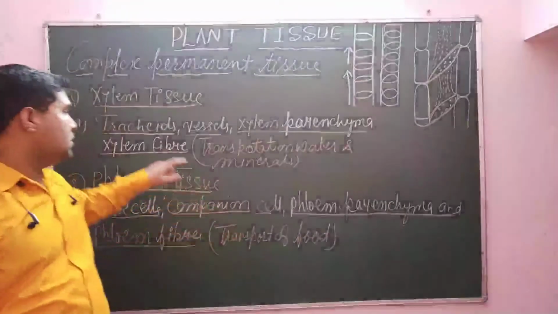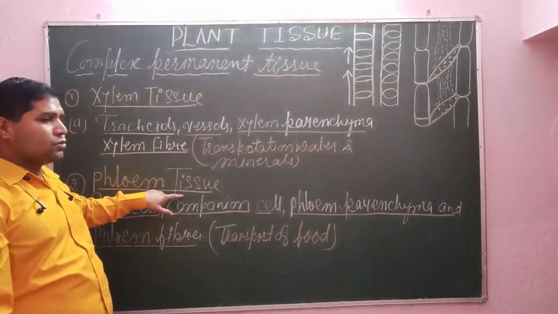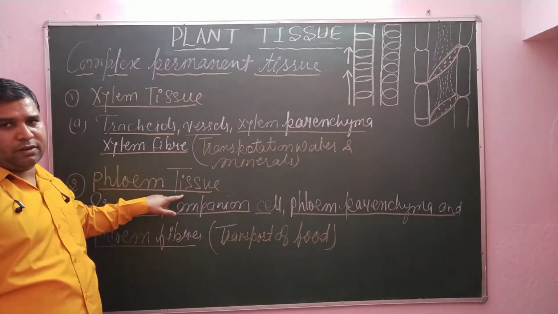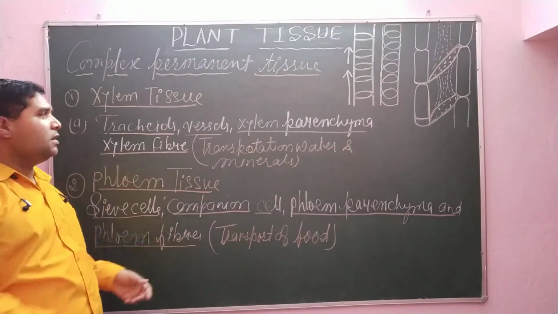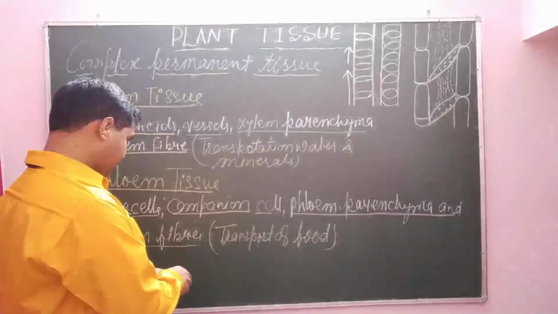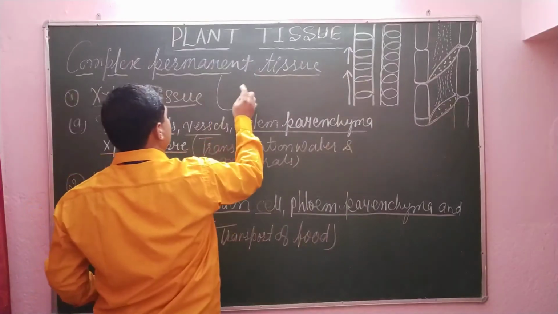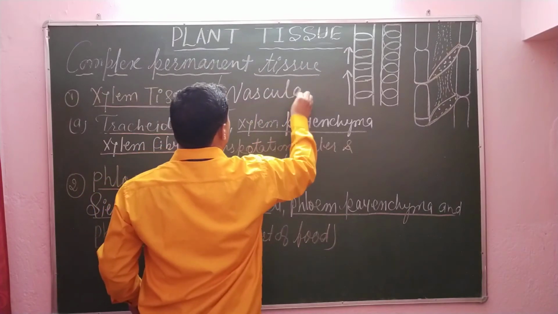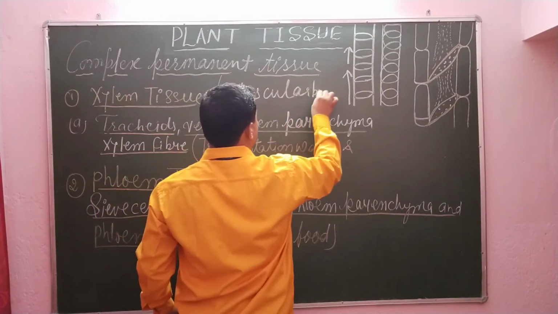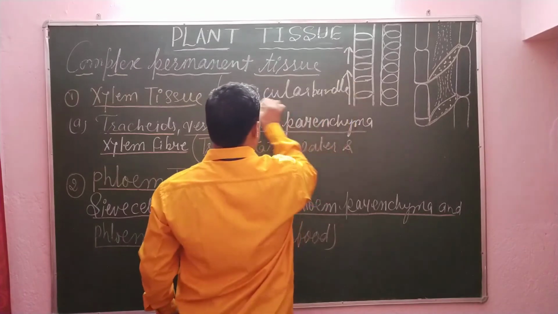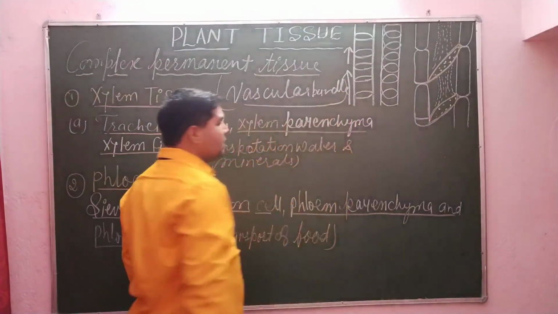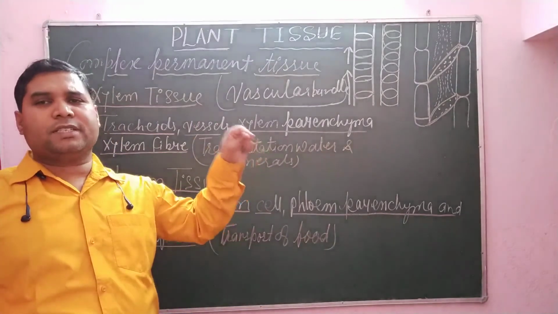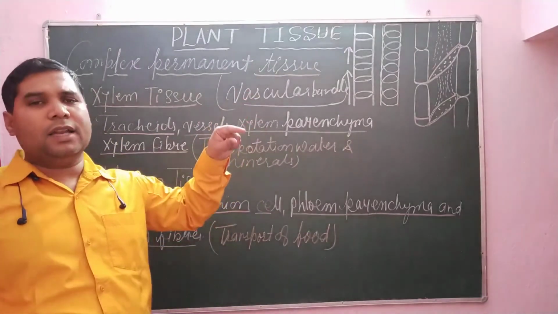So xylem tissue and phloem tissue both together are also known as a vascular bundle. Dear student, the reason behind it is that vascular means transportation of nutrients and minerals in the form of liquid.